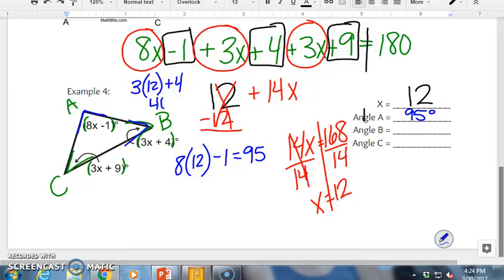So we should get 40 degrees for angle B. And then do the last one, 3 times 12 plus 9. We get 45 degrees. So then you can add up those three angles, 95 plus 40 plus 45, and it should equal 180. And it does.